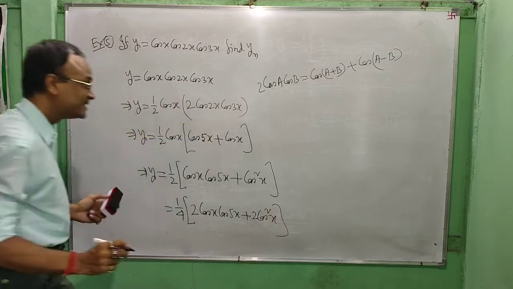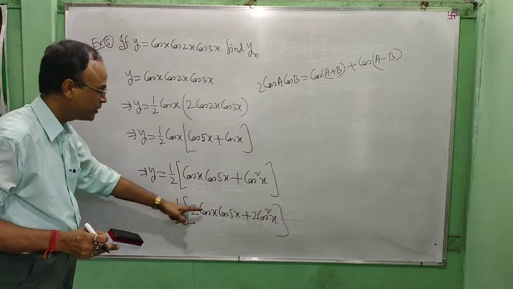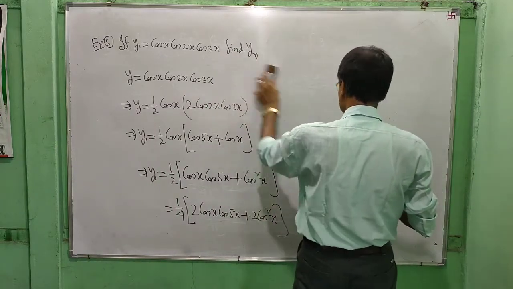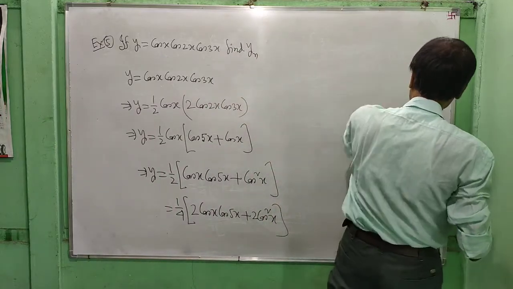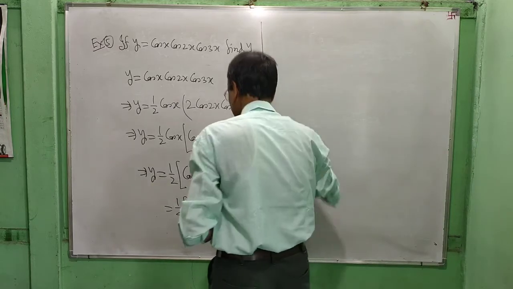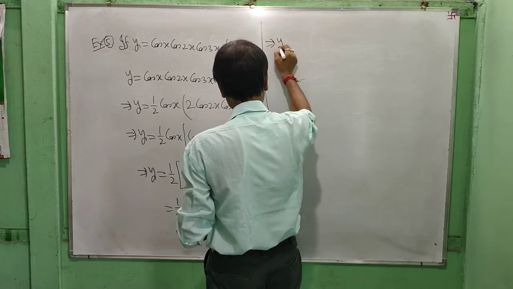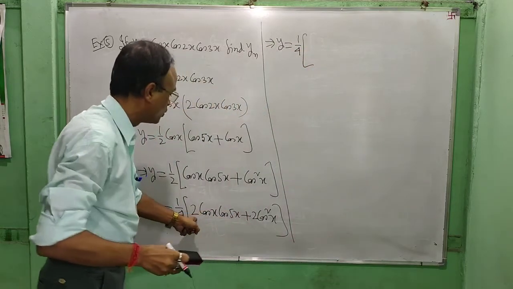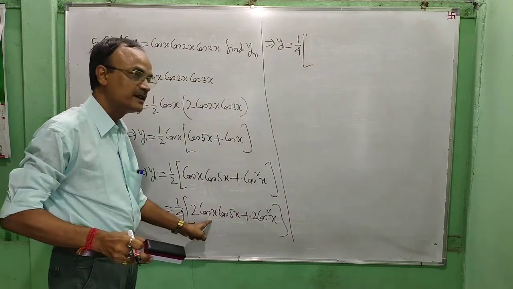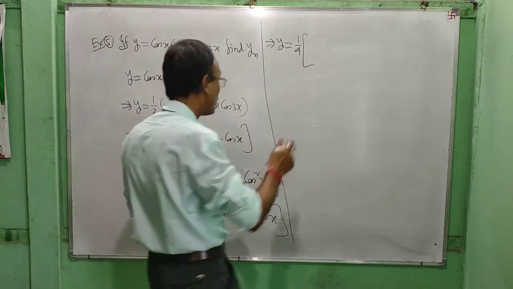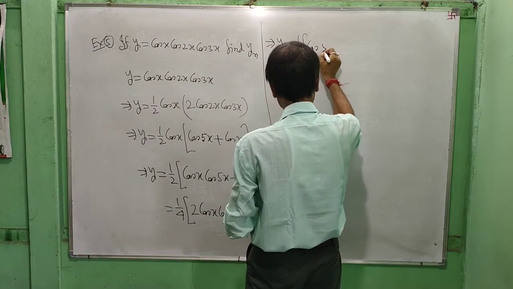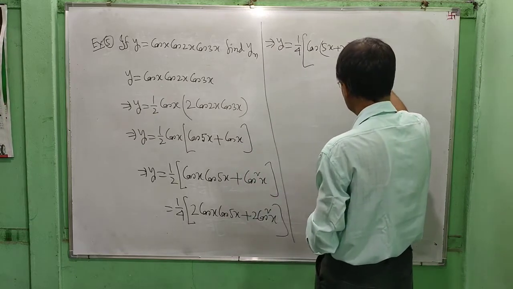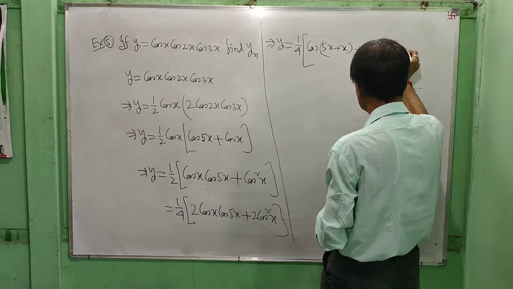You may write 1/4 times of 2 times cos x cos 5x. This means y is equal to 1/4, 2 cos A cos B, same formula, cos(A+B), suppose cos(5x + x), I am writing like this, plus cos(5x - x).